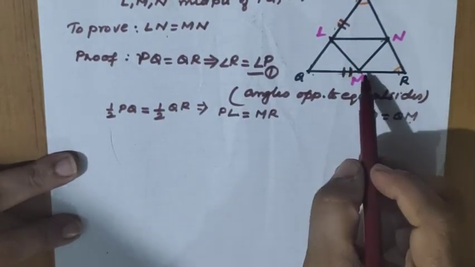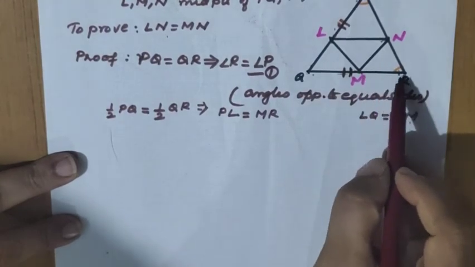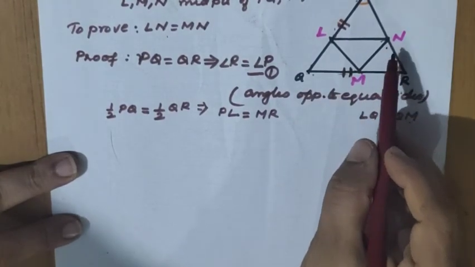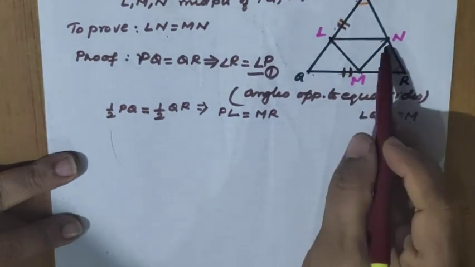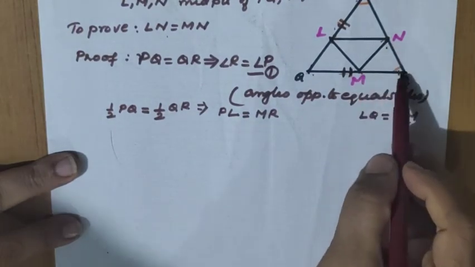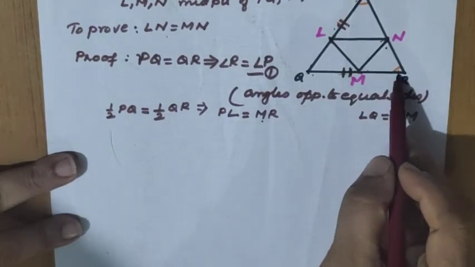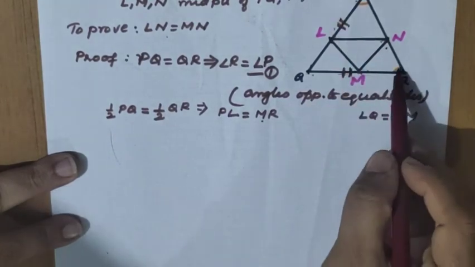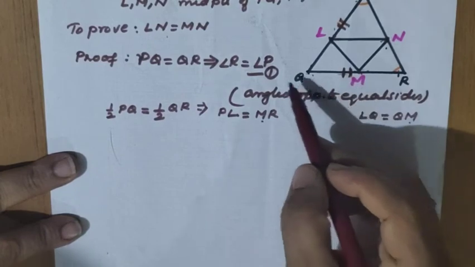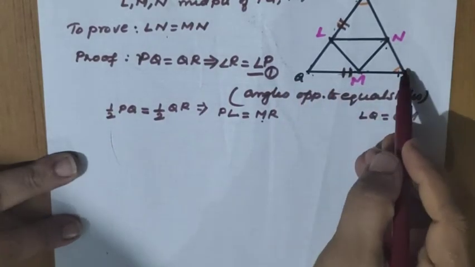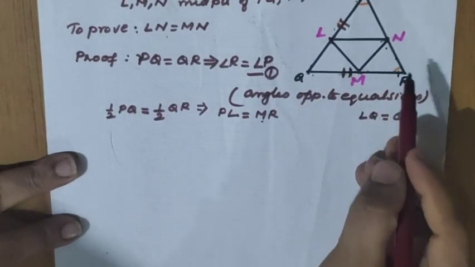Now see, if I consider MRN as the triangle, because MN is one of the sides, MNR is the triangle we are getting. Already we have written that PR is the equal side to PL, right? Angle R we already marked, because base angles are equal. Now which side is left there? RN, right?